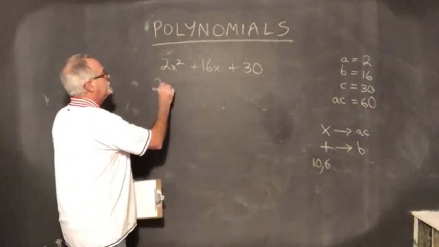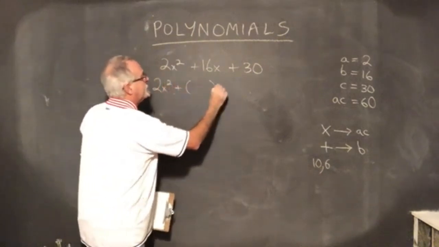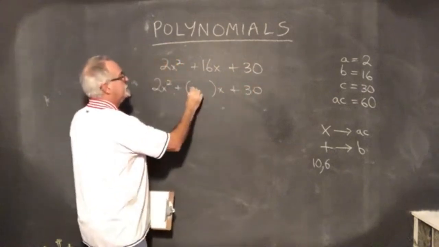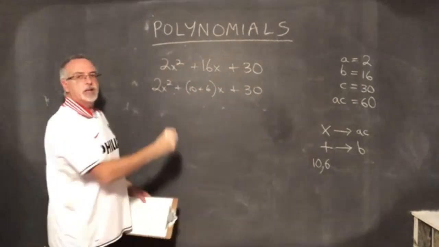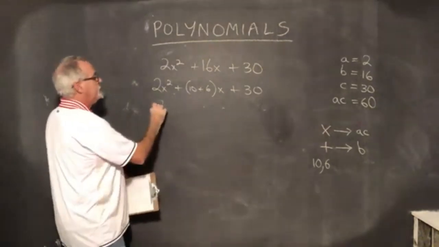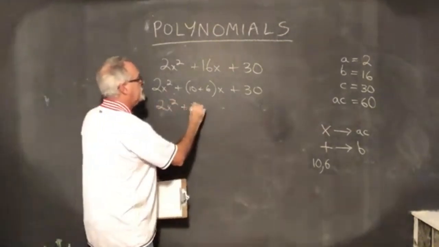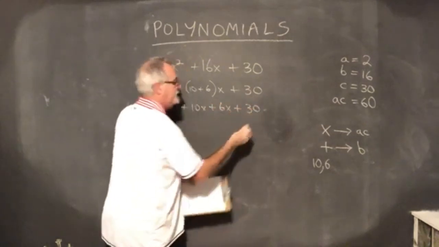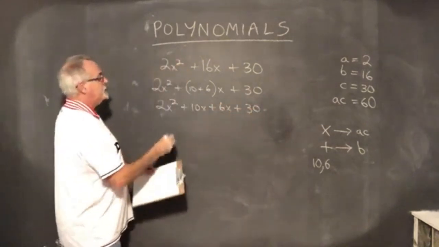So what's that procedure again? Put a bracket here. Write 10 plus 6 inside it. And if I wrote 6 plus 10, it would still work. 2x squared plus 10x plus 6x plus 30. More chalk, please.